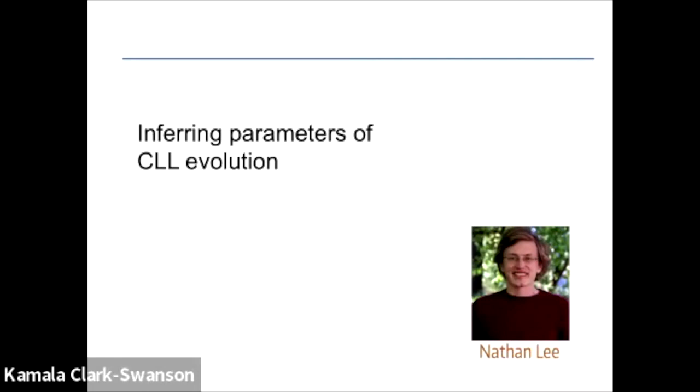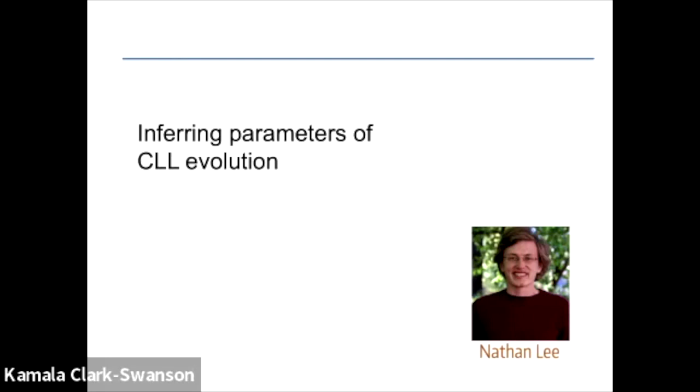So this is a pretty rich data set where we have longitudinal follow-up of patients before treatment. And we wanted to explore it together with my former PhD student, Nathan Lee, who is now in Berlin, to try to say something more about parameters that were driving these CLLs and the timelines at which key events occurred.